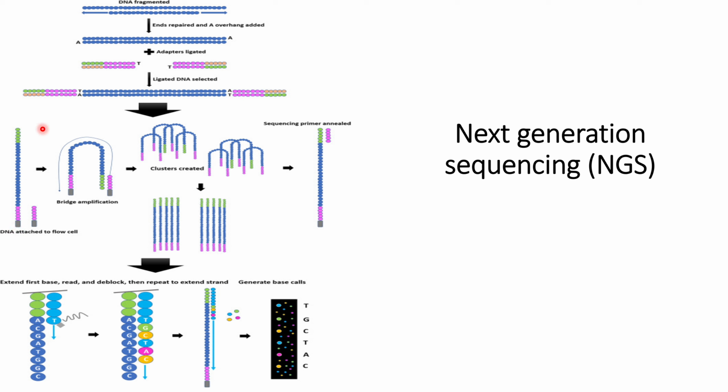After that, the bridge formation occurs because the top part of this DNA fragment is also complementary to the other oligos that are present on the flow cells. After that, the bridge amplification occurs.